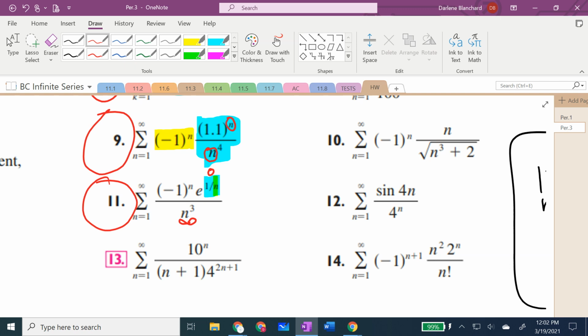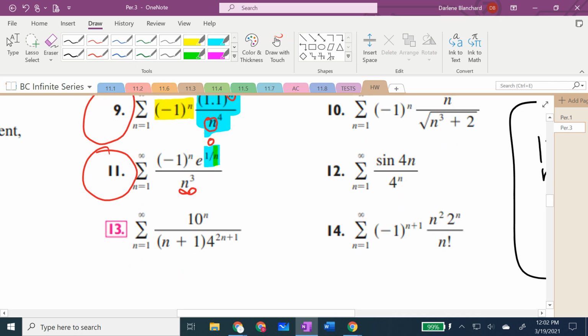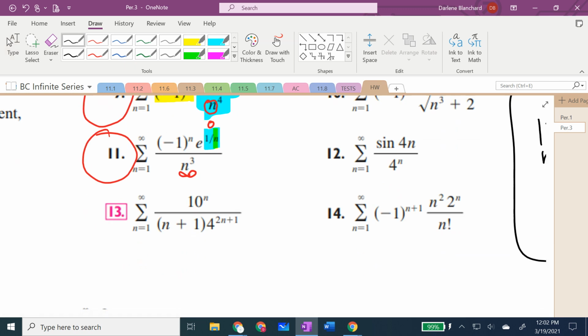And because everything's multiplication in there, this is probably going to be quickest if I use the ratio test to get to absolutely converge. So with the ratio test, I've got to plug in n plus 1.